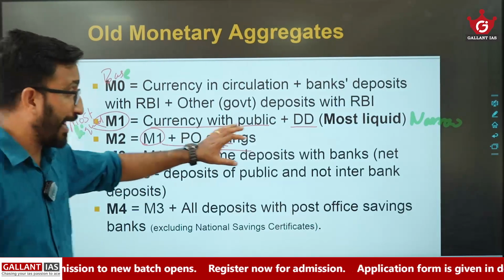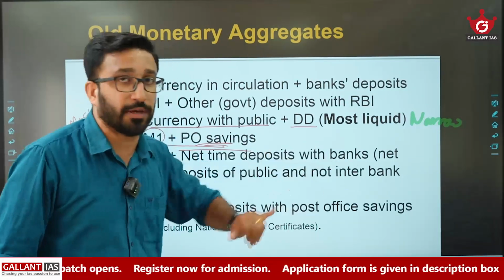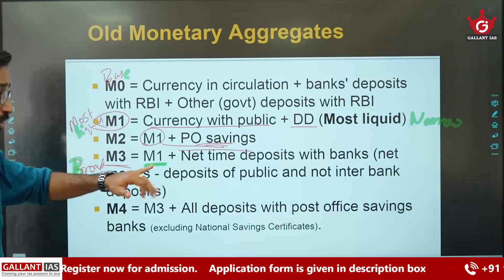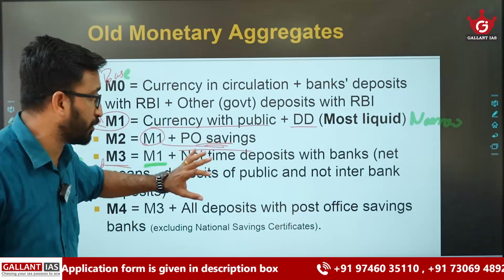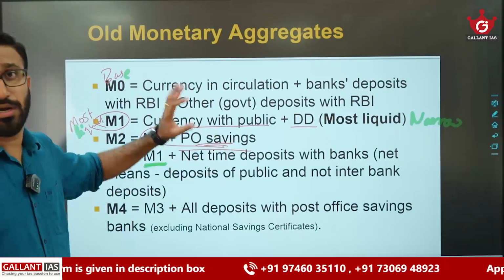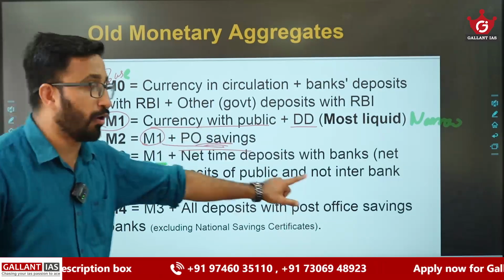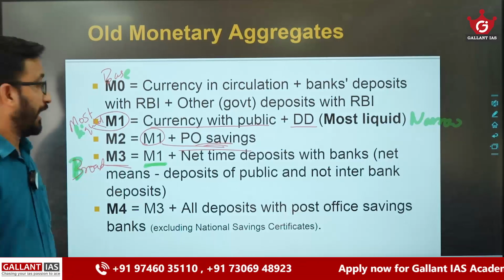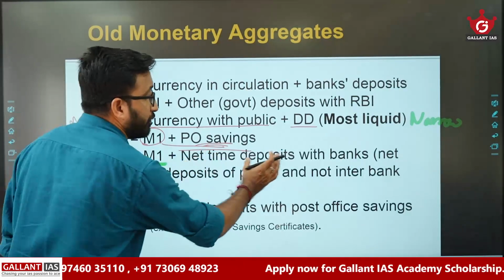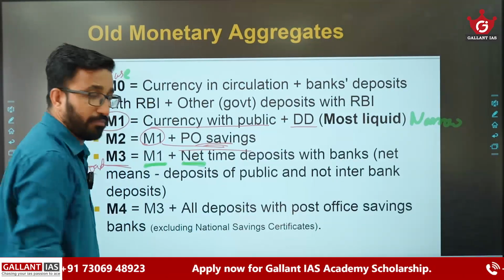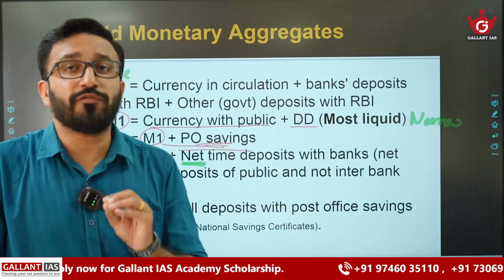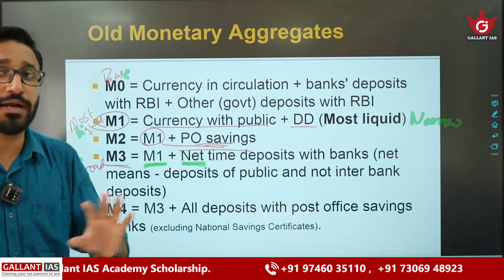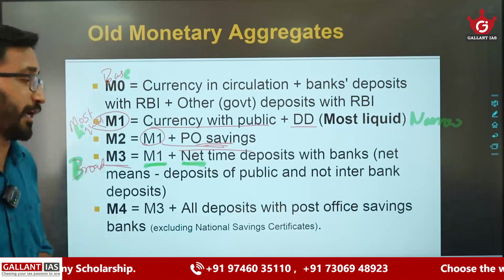Okay. So why is it given as net time deposit? Net time deposit means it consists of deposits of the public only, the households and firms, and not interbank deposits. The word net is given because it consists of only the deposits of the public, and interbank deposits are not considered in M3.